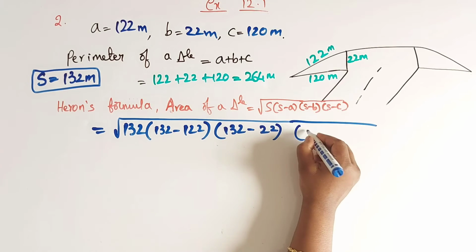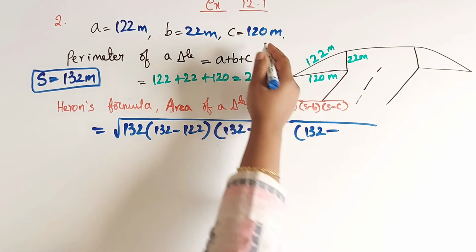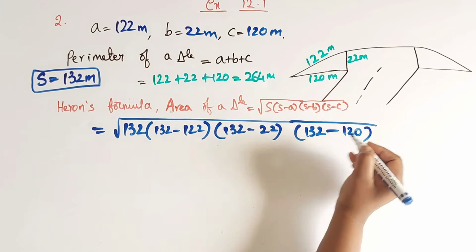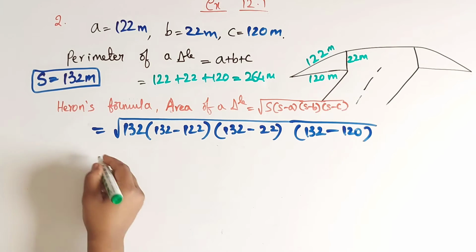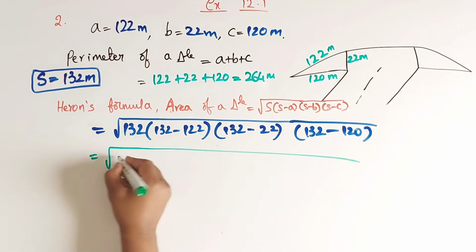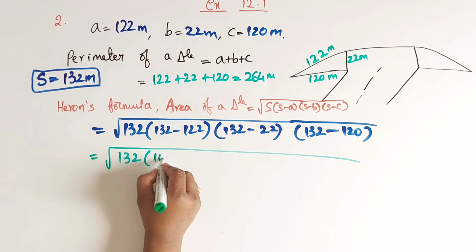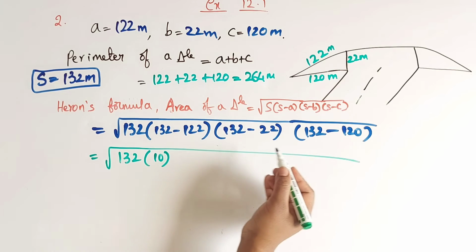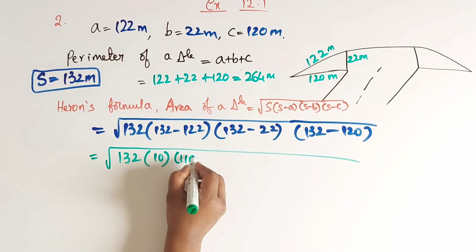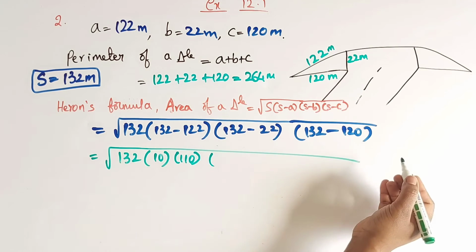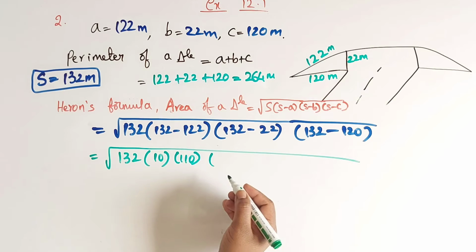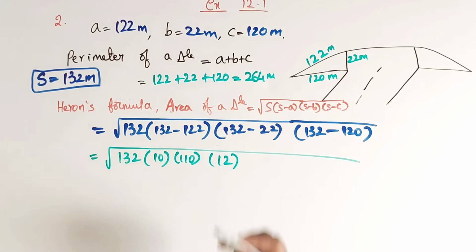Now S minus C, 132 minus 120, children. So this equals root of 132, 132 minus 122, children, that is 10. 132 minus 22, children, 110. 132 meters minus 120 meters, children, it is 12 meters.